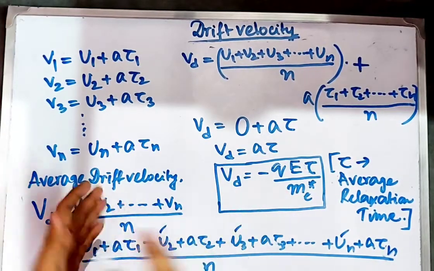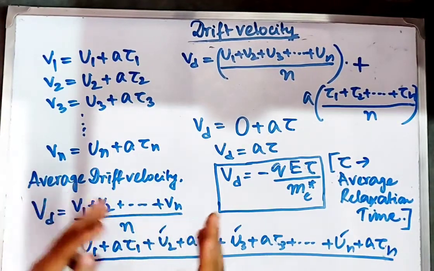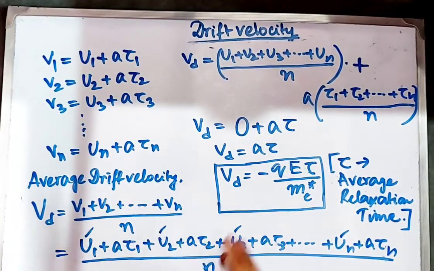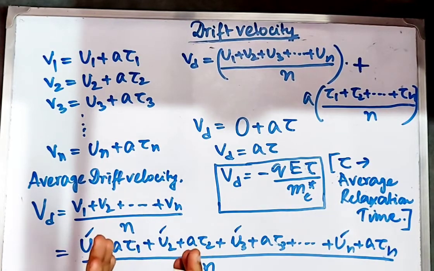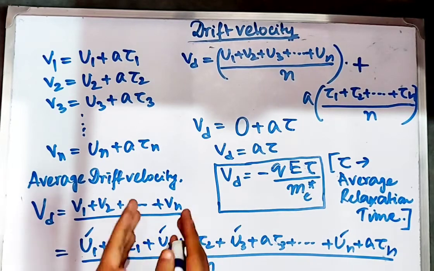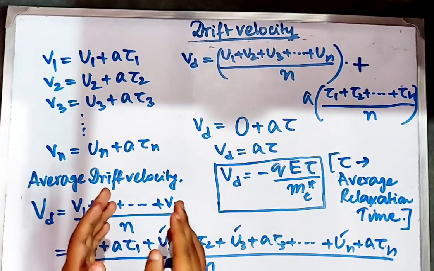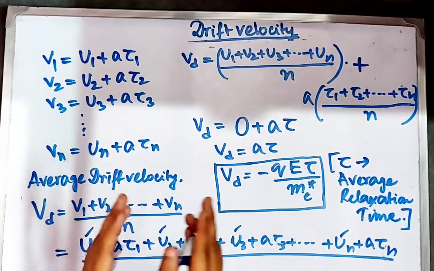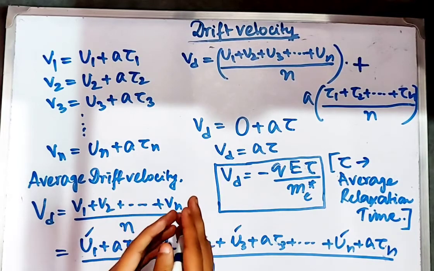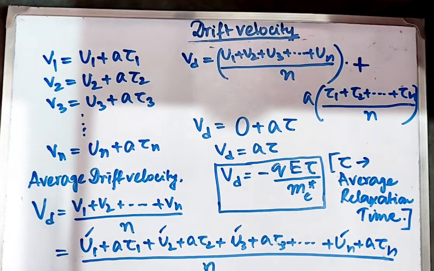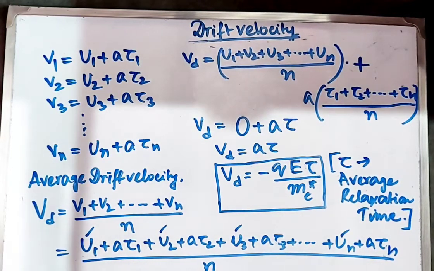So the thermal velocity is linked with the temperature of the semiconductor, and drift velocity is the velocity due to the external electric field which is applied across the semiconductor. So the reasons for both of these velocities are totally different. Try to remember the basic difference between the drift velocity and the thermal velocity.